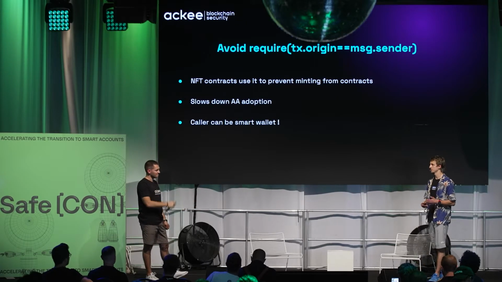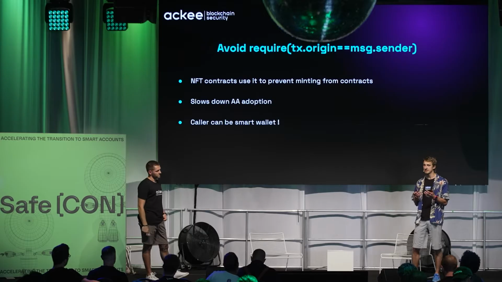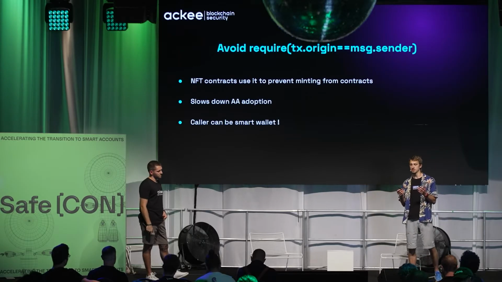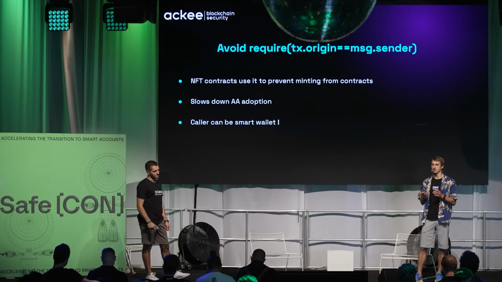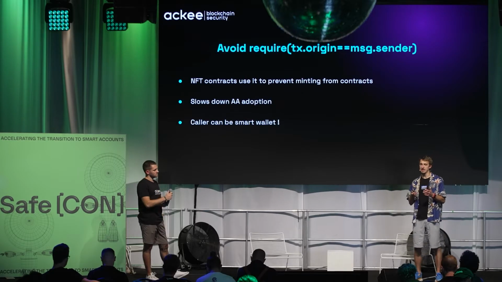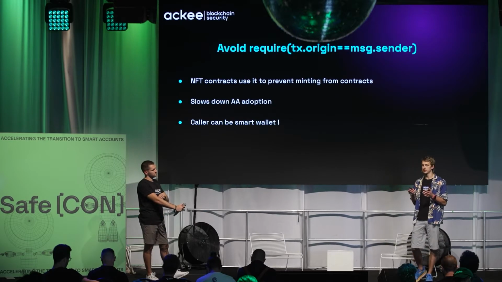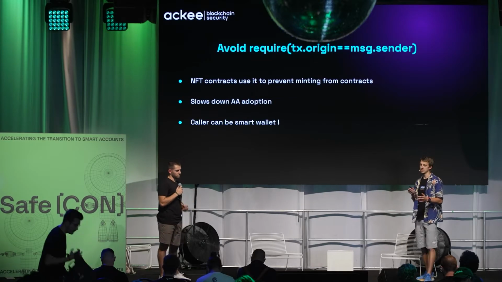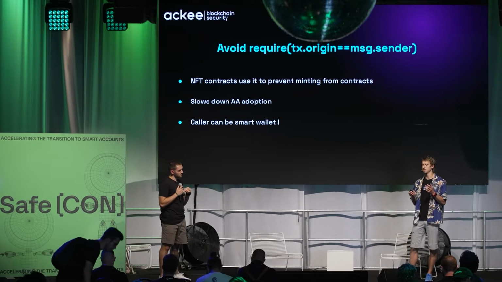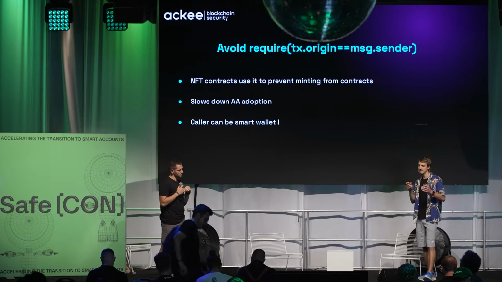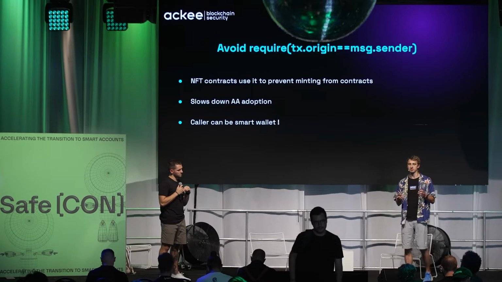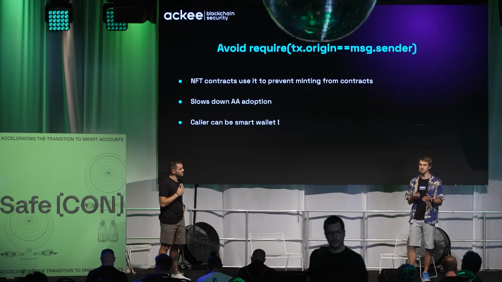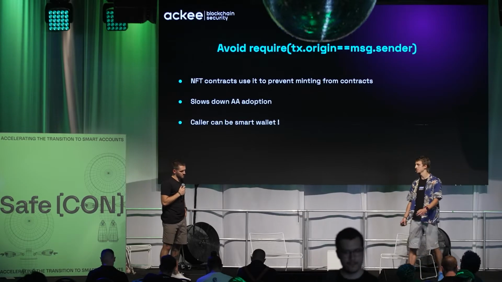In AA, we basically decouple the verification into checking signatures, and normally we do it via checks on message.sender. So this can again break a lot of the basic flows, and if we want to adopt AA more quickly, we should try to avoid these patterns.